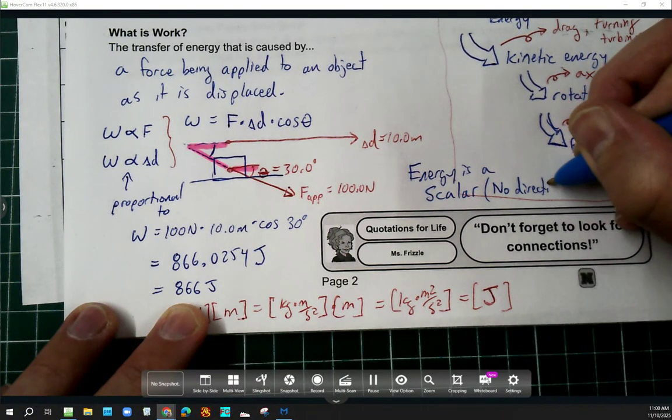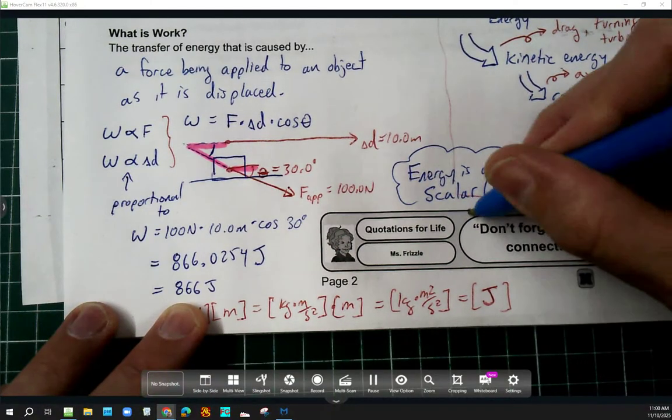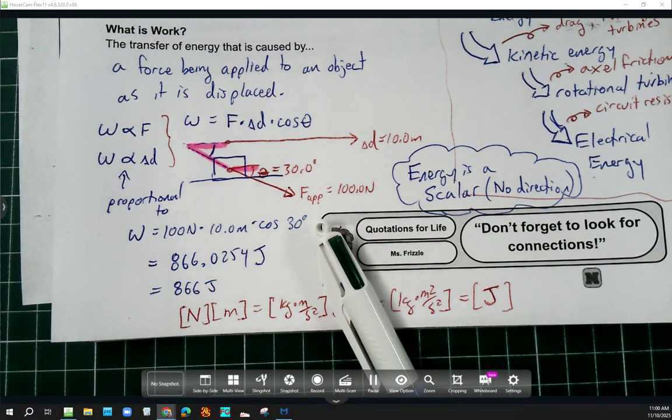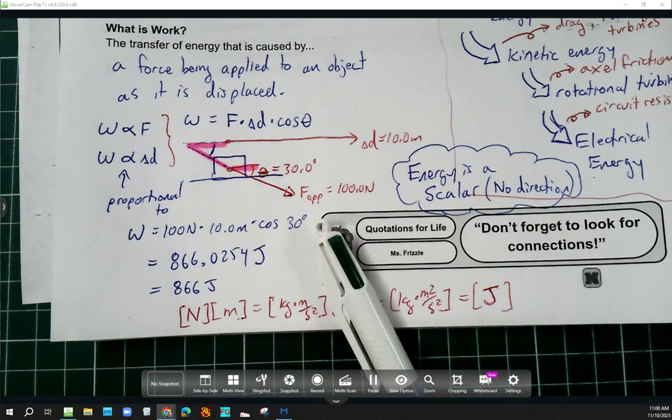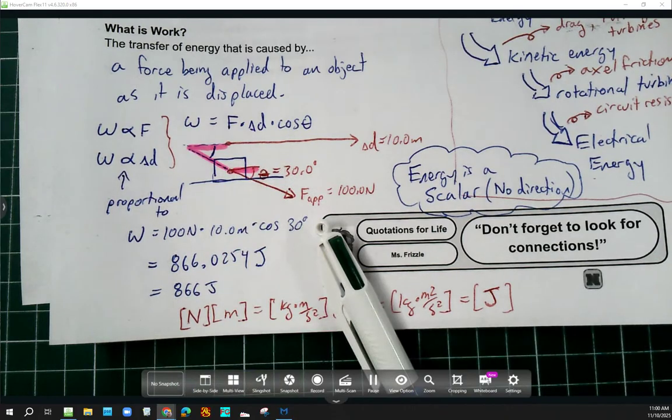So if you're somebody that was looking for a scenario where we wouldn't have to do so many reference frames, the moment has arrived, okay? So energy doesn't require a reference frame because it's a scalar, okay? And sometimes, if there's forces involved in displacements, we might have situations that overlap with dynamics and kinematics, but whenever it's a purely energy problem, no reference frame required, okay?